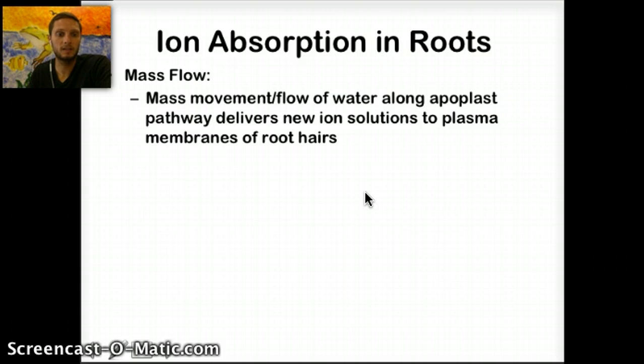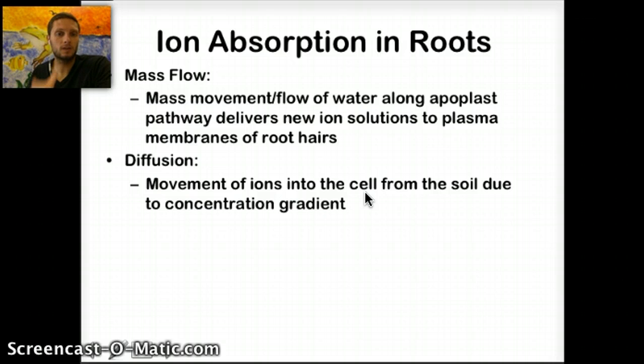It's an actual space that ions and water can diffuse through, and it's outside of the plasma membrane. In some cells, it's interrupted by something called the Casparian strip, which kind of blocks the movement of the diffusion of some of these molecules, and we'll talk about what this means specifically a little bit later.